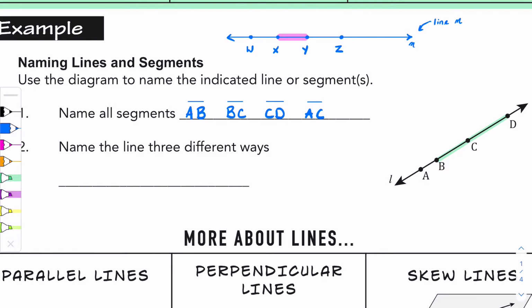Of course, we would label that as just BD. And I think there's only one more here, and it's the segment between A and D, so it's this entire segment. Can't do anything more than that because we don't have any more labeled points. What we could do is reverse the order of these points. Within this line L, we have 6 line segments.